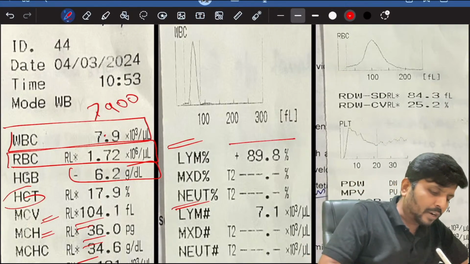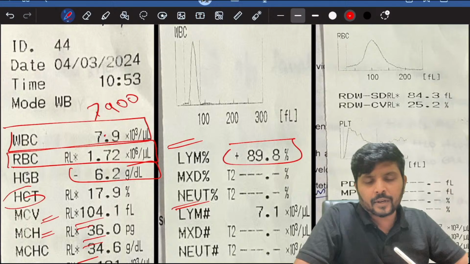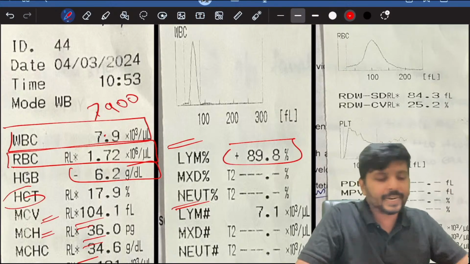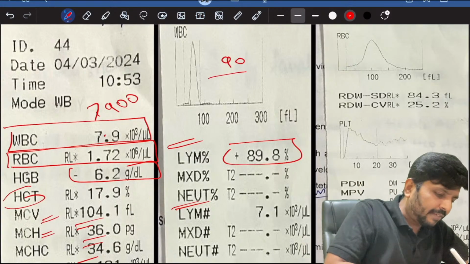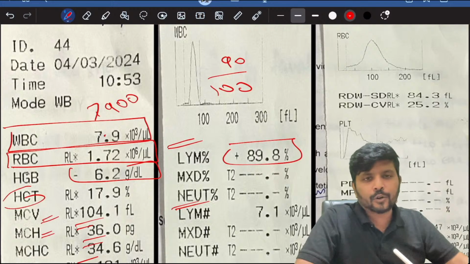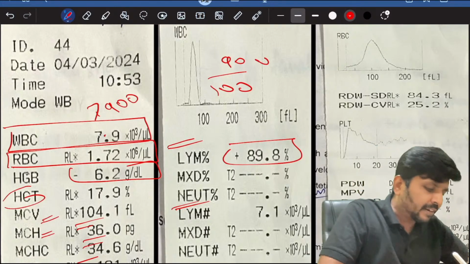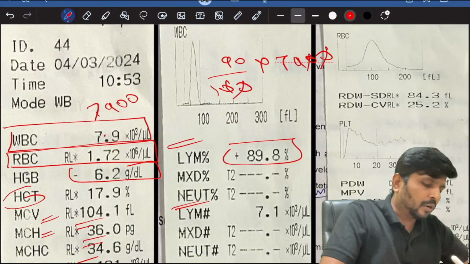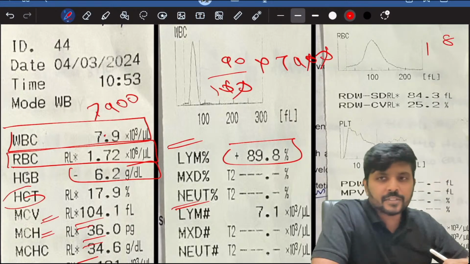So for example, look at this. Here the lymphocyte count is, let me say, 90%. So 90 divided by 100 into the total count. What is the total count? 7,900. So look at this. 9 nines are 81, 9 sevens are 63.